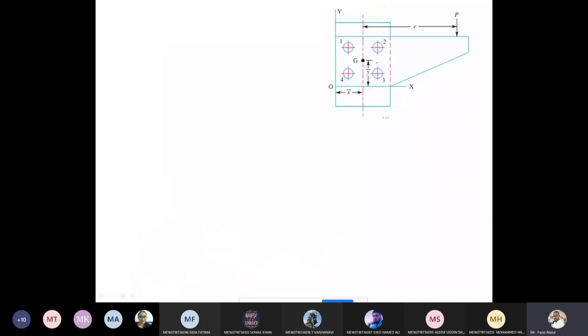This is the picture of an eccentrically loaded riveted joint. Here we are taking four rivets for designing purposes, and all rivets have the same size, each with diameter d. The load is applied some distance from the centroid of this figure. For this, I am explaining the design procedure.